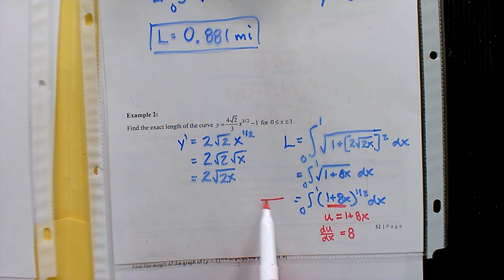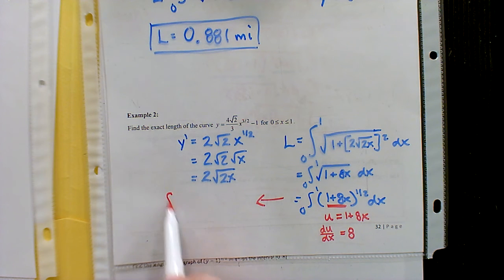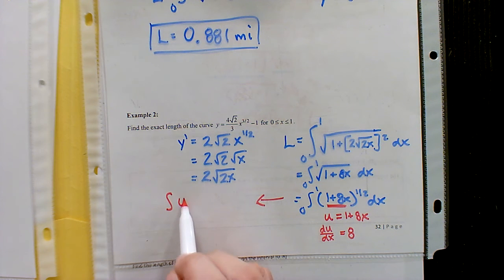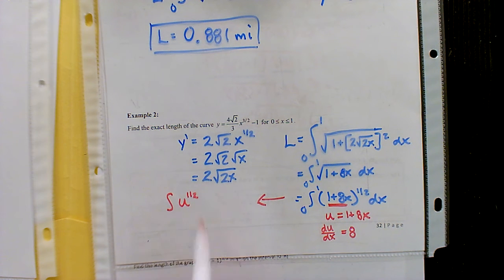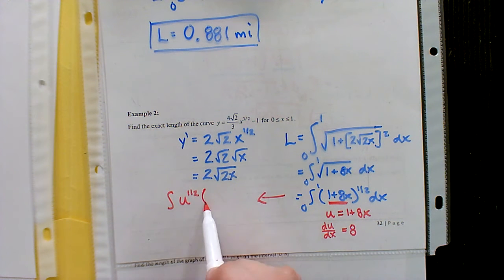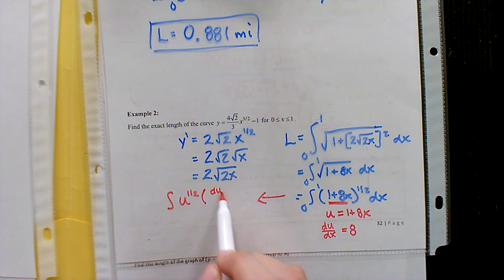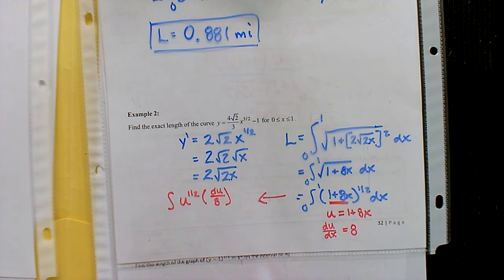So we're going to have to rewrite this integral. We would have u to the 1/2, and then solving for dx, we would have du over 8. You got to use the derivative equation to help you solve for dx.